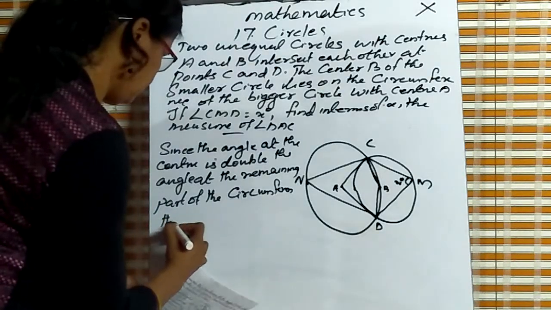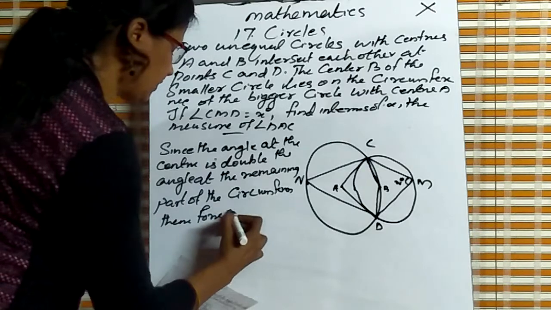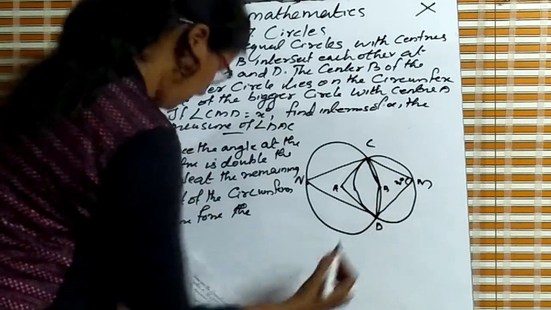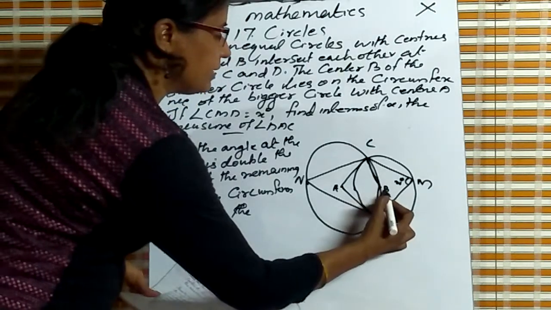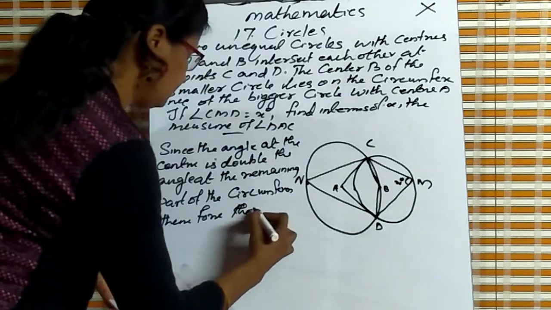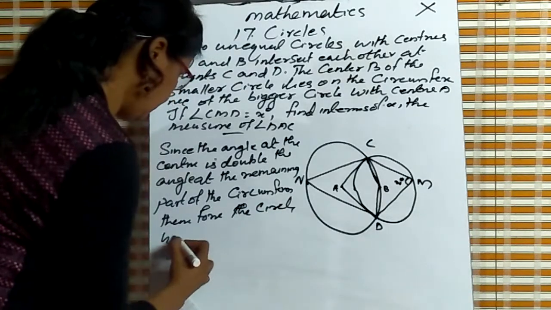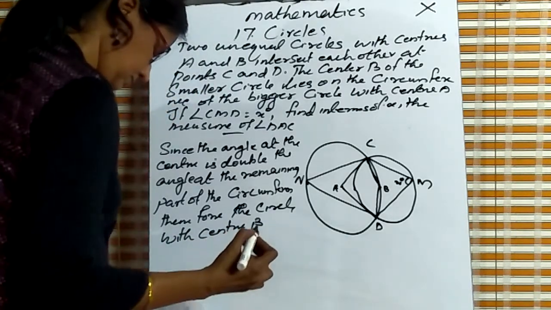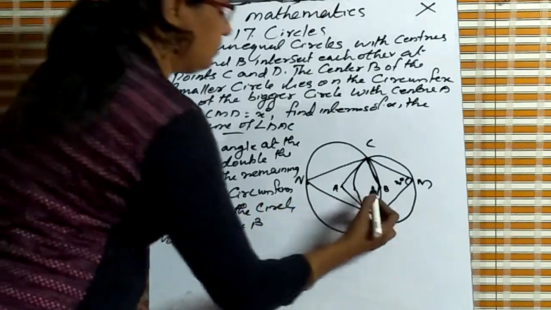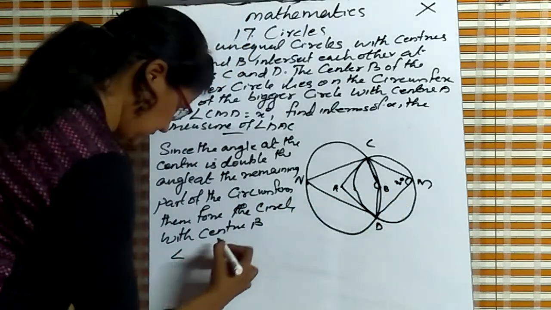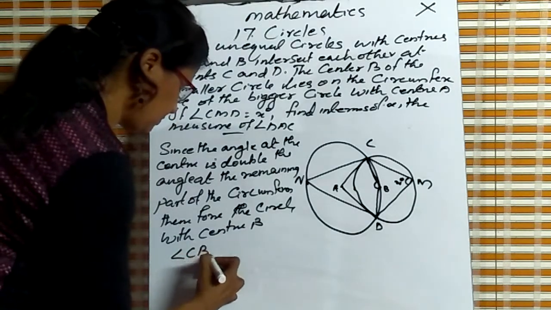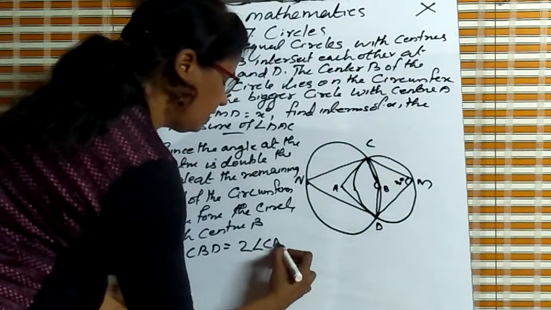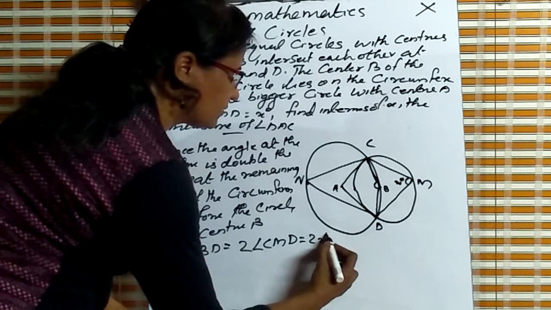Therefore, the circle with center B, angle CBD. What about this angle? Angle CBD is equal to 2 angle CMD. 2 angle CMD is equal to 2x degree.